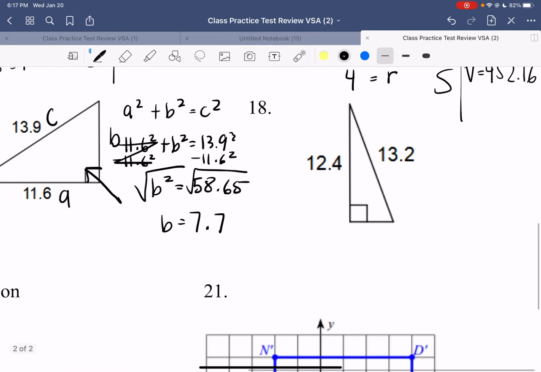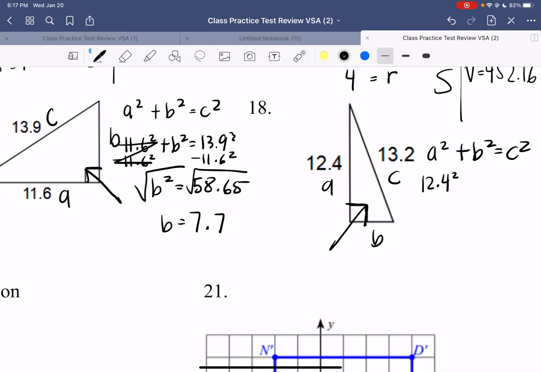And our last Pythagorean one, so we're also looking for another leg, so this is c. So if we did a squared plus b squared equals c squared, so I'm just going to say a, b, so we have 12.4 squared plus b squared equals 13.2 squared. So I think it's easiest to just subtract 12.4 squared from both sides.